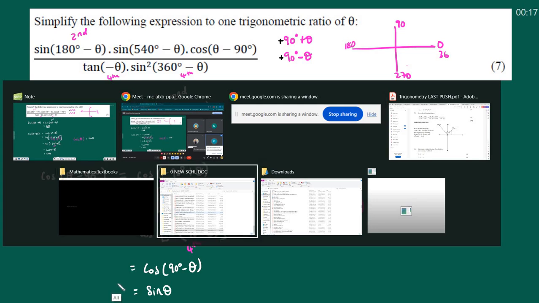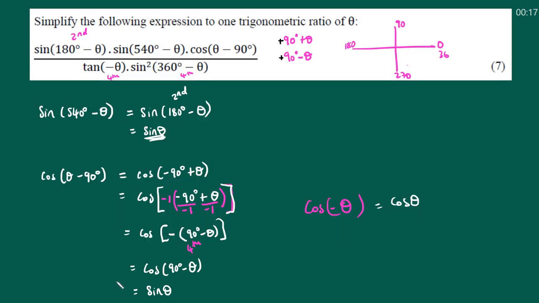Yes, Miss Vanessa? Why is it negative sine theta instead? Like, why can't we factorize the negative and then it joins the constant?